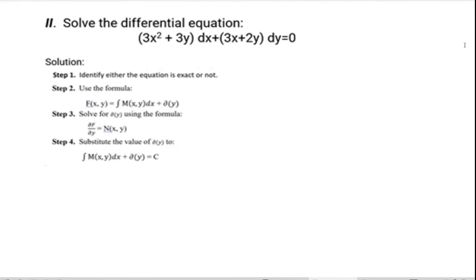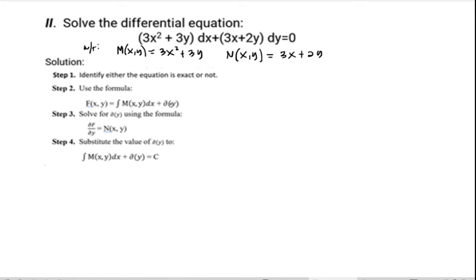We are now going to answer the differential equation. In our given equation, our value for M(x,y) is 3x squared plus 3y, and our value for N(x,y) is 3x plus 2y.